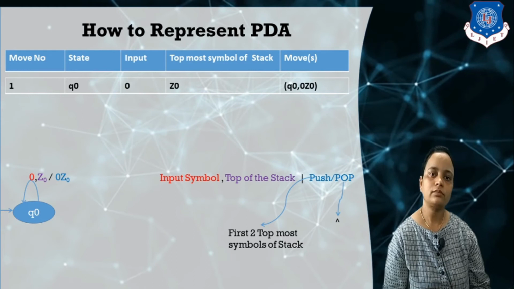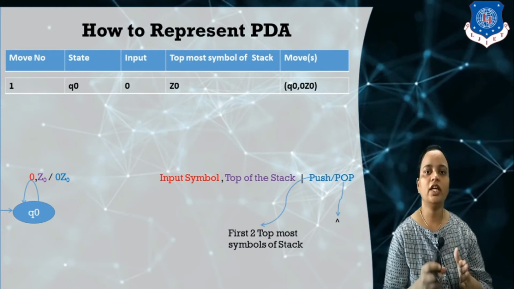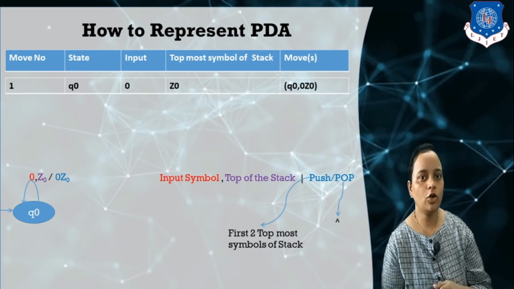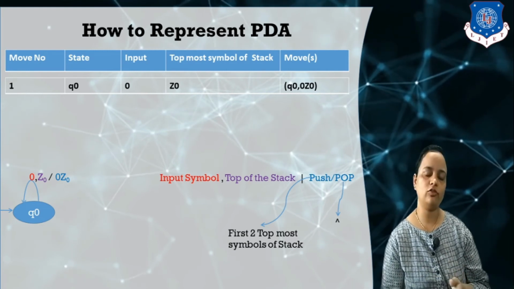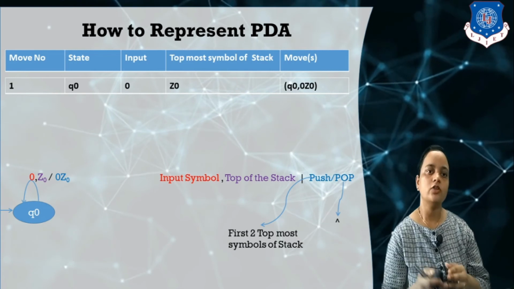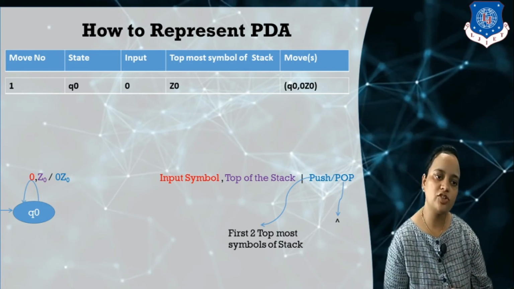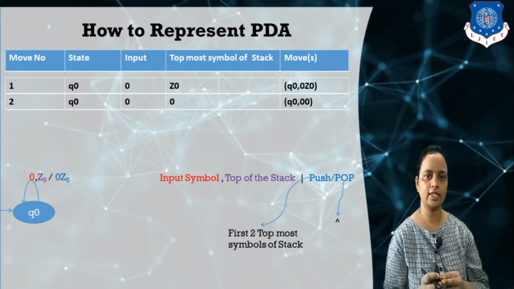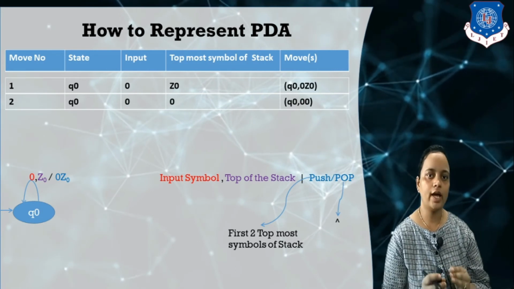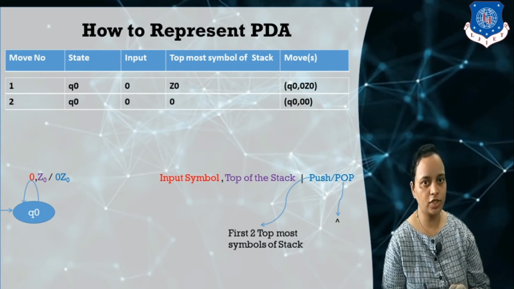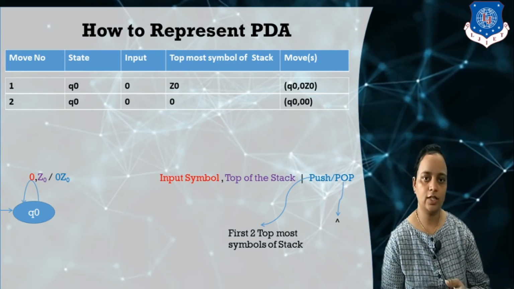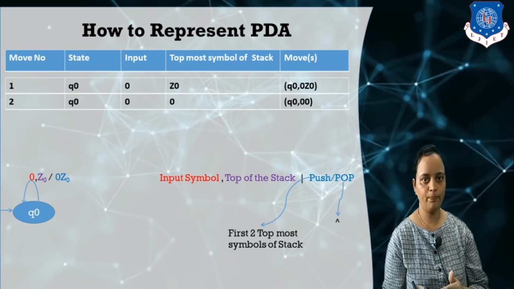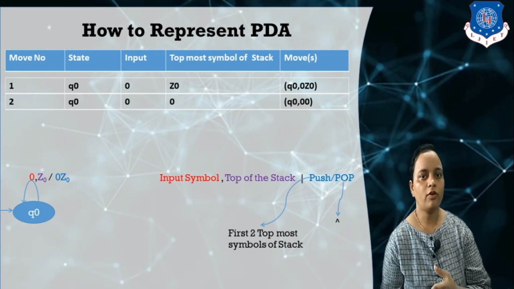Now again, if the input is 0 and the topmost symbol is 0, what are we going to do? We perform a push operation, and this transition is mentioned as a self loop on q0. So if we are at state q0 and read a 0 input, and the topmost symbol of the stack is 0, we perform a push operation.